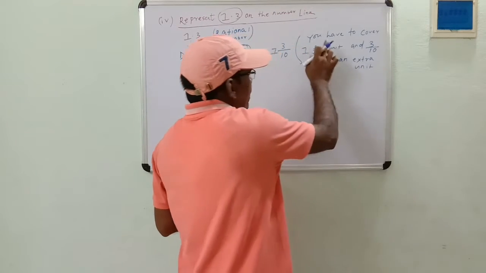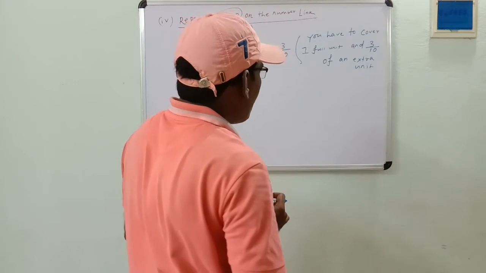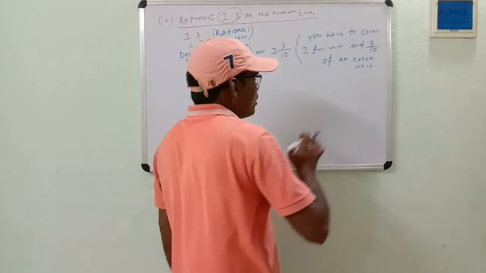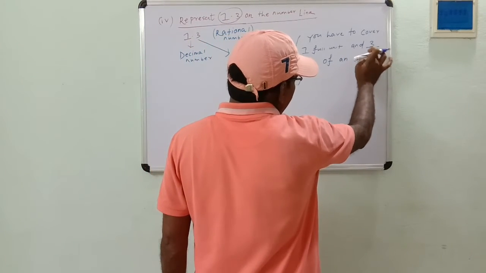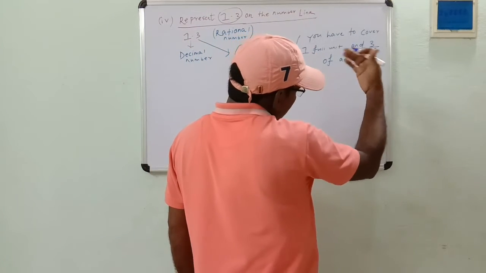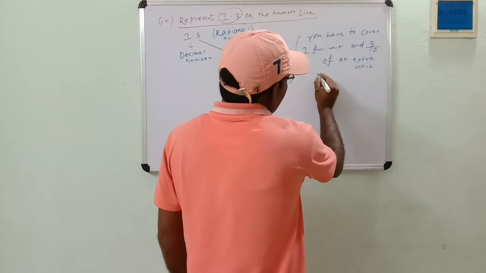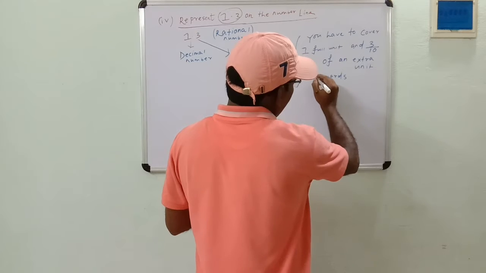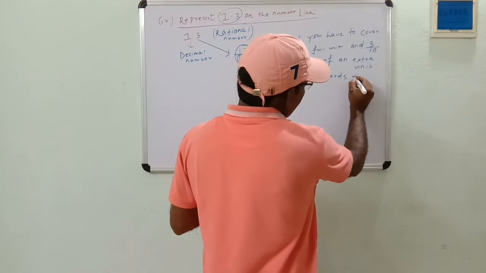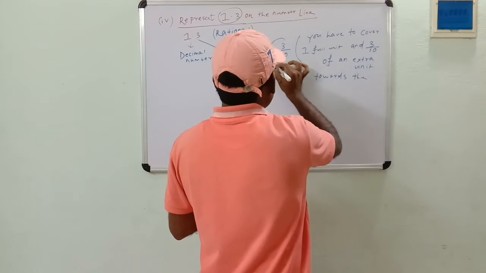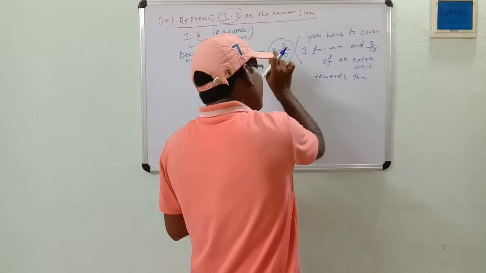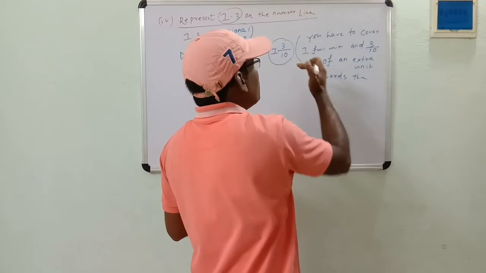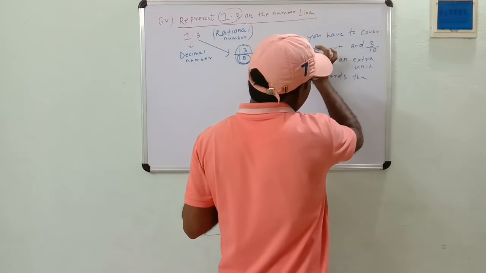Yes, you have to cover 1 full unit and 3 by 10 of an extra unit towards the right. Why did I mention towards the right? Because it is positive. If it is negative, then you have to cover the same distance.